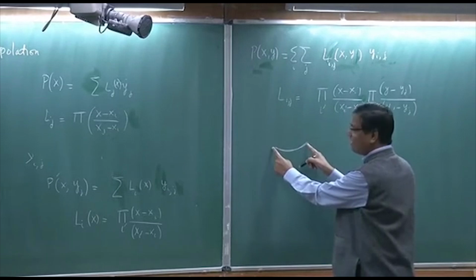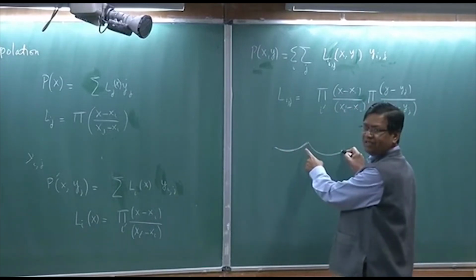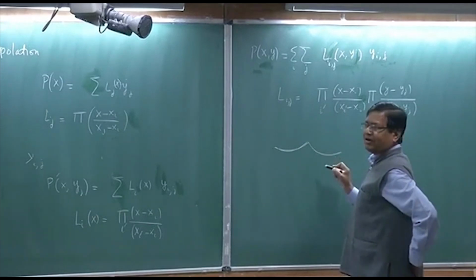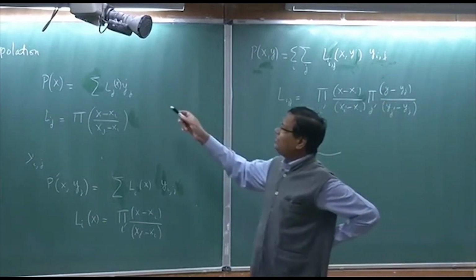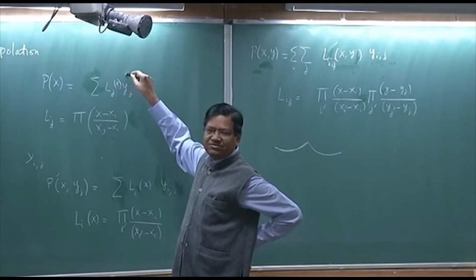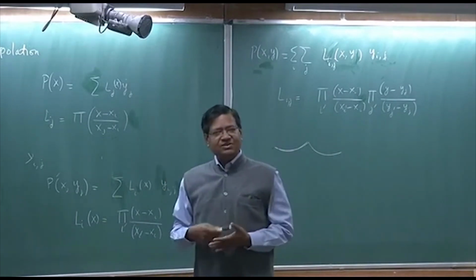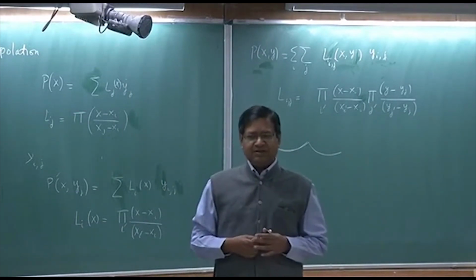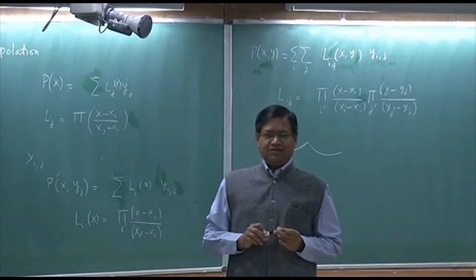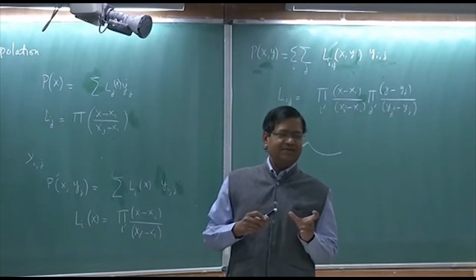I can do, let's say I have n minus 1 points and m minus 1 points here. Now in all this stuff I needed only the value of the function at the y_j's. I didn't use a derivative. So one may say, well, I'll give you the function as well as the derivative, then I can do it.